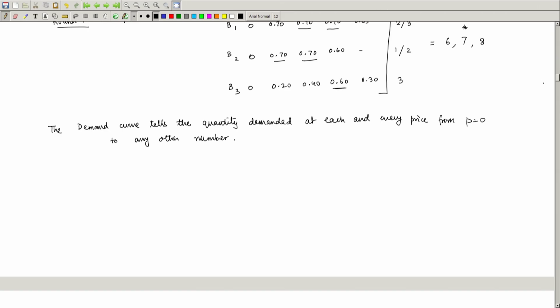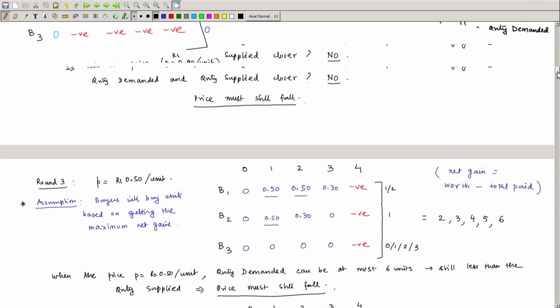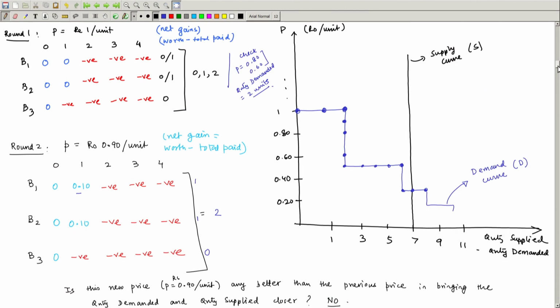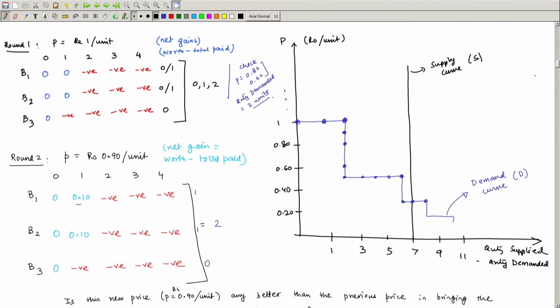So, we used the information that was given to us in the problem and we constructed the demand curve.